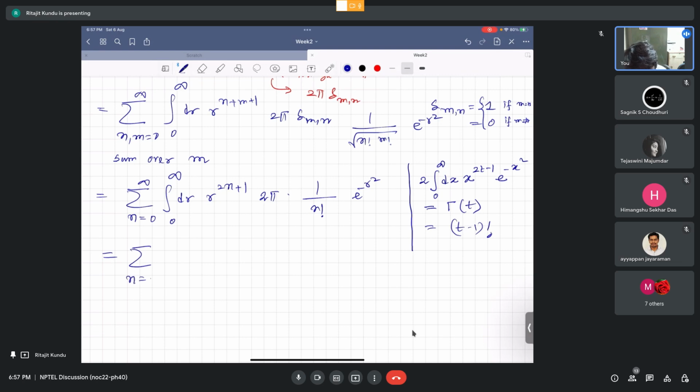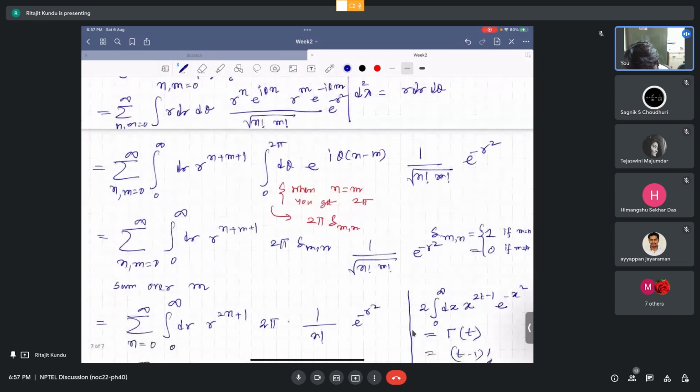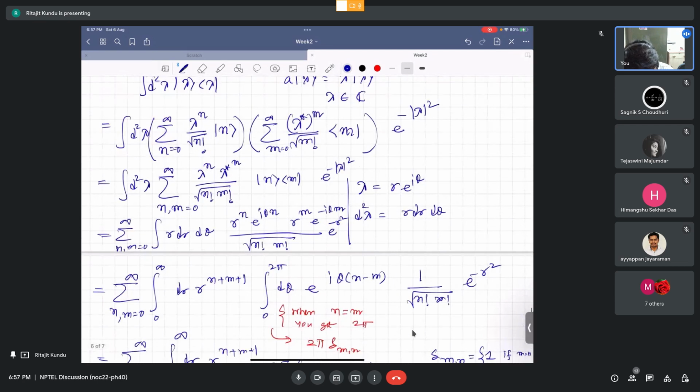So n is equal to 0 to infinity, and I am missing some terms also. There is this additional n comma m outer product.